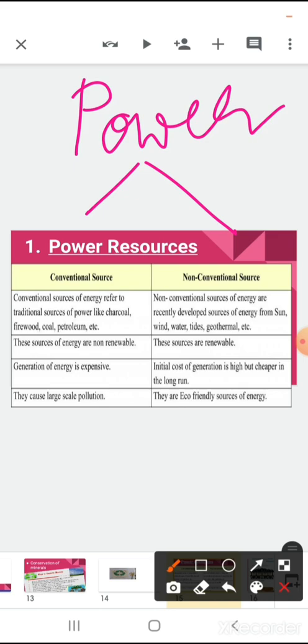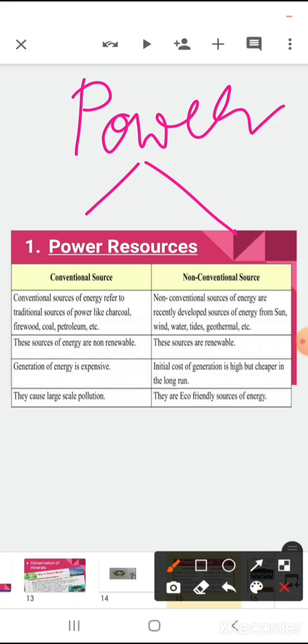If we talk about firewood, it is widely used for cooking and heating purposes. Now, what are fossil fuels? The remains of plants and animals which were buried under the earth for millions of years got converted by the heat and pressure into fossil fuels.